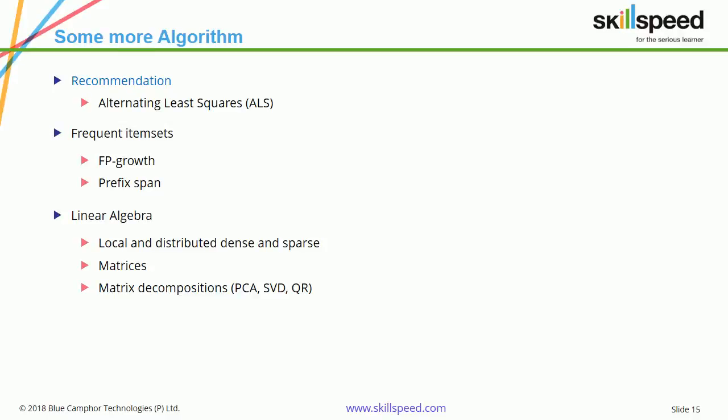Now, you might be wondering why I'm not going into the details of these algorithms. The simplest answer is it is not required unless you are a data scientist. When somebody takes up a Spark and Scala course, the idea is that you should be aware of the capabilities of Spark.